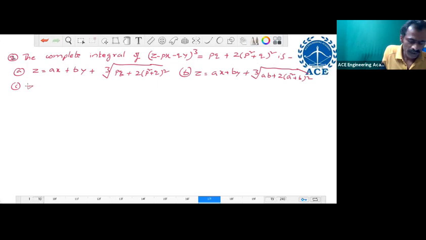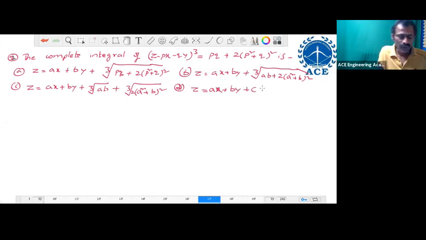Option C, z equal to ax plus by plus cube root of ab plus cube root of 2 into a square plus b whole square. Option D, z equal to ax plus by plus c. It is a 2017 IES question. So we have done this, so 3 IES questions will be completed only. Later we do the other IES question, the latest IES question.